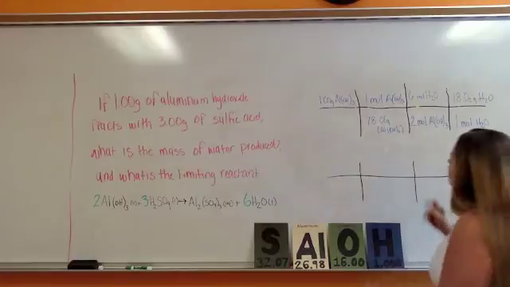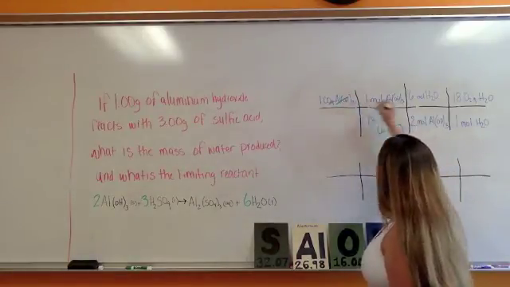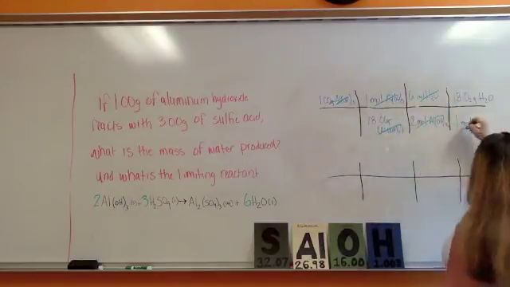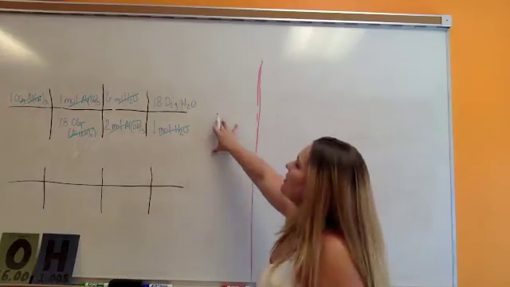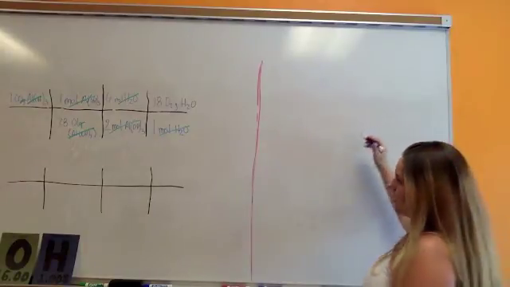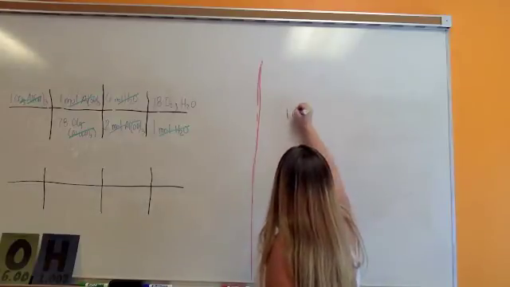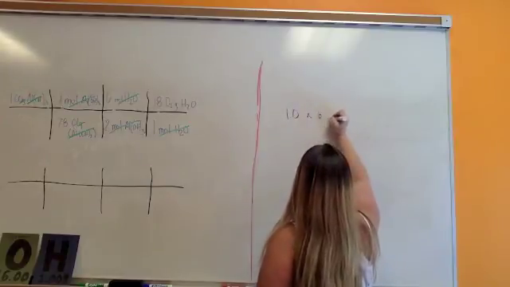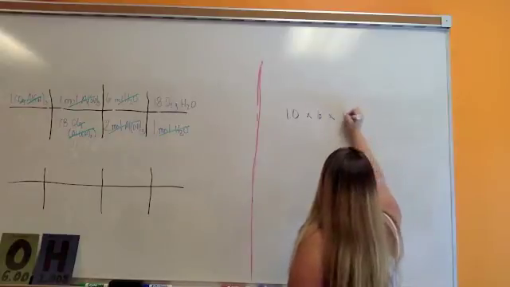So this part's pretty easy. You just want to go through, get rid of everything you don't need. Don't forget the grams here. And then your moles will cancel out. Now we're going to do our calculations. You want to make sure that everything goes in the proper order, so that you don't miss anything. So you have 1 gram, 1 times 6 moles, but we're not writing the moles, we're just writing the numbers. And then 18.02.